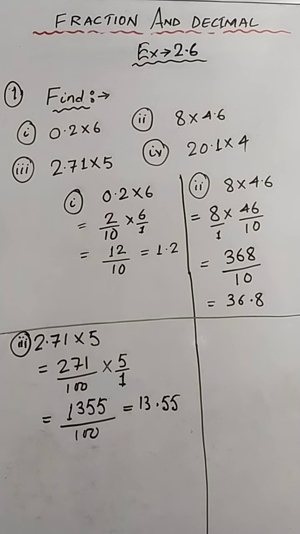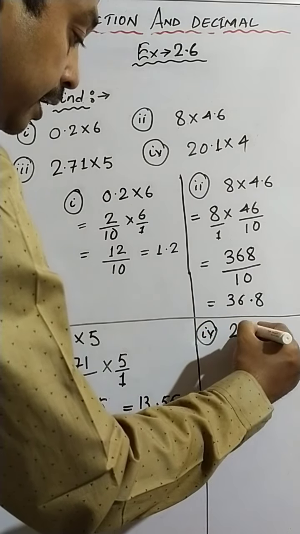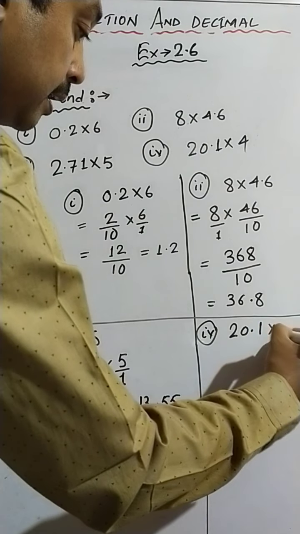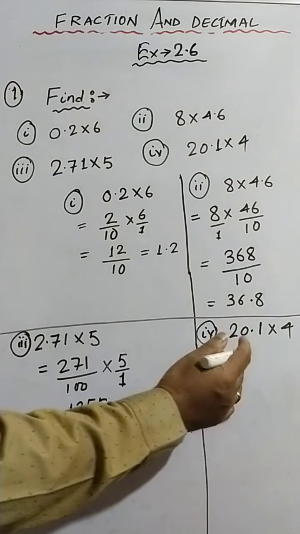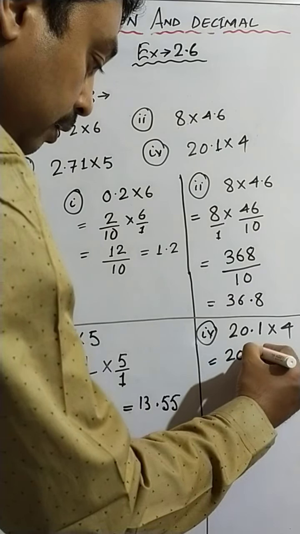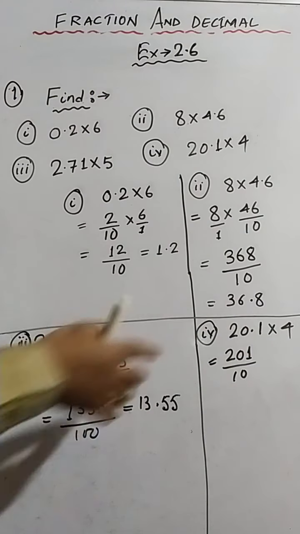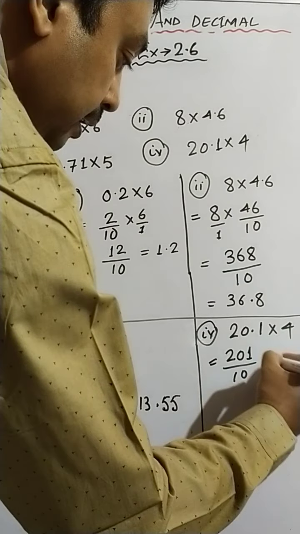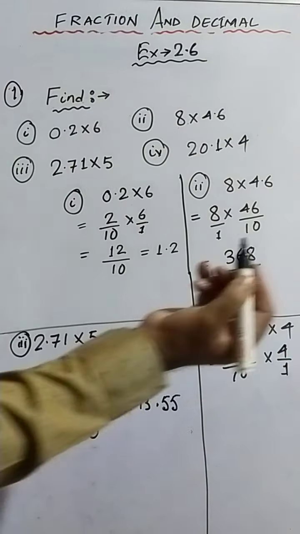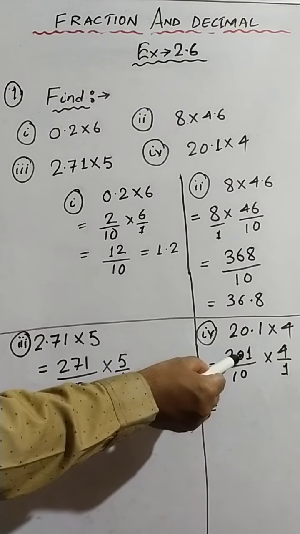Now let's move on to sum number 4. These are very simple, students. 20.1 into 4. We have to convert this into the fractional form. So 201 by 10, because after the decimal how many digits are there? 1. So we divide 201 by 10 into 4, and you can write 1 also, no problem. Now we just multiply this with this.